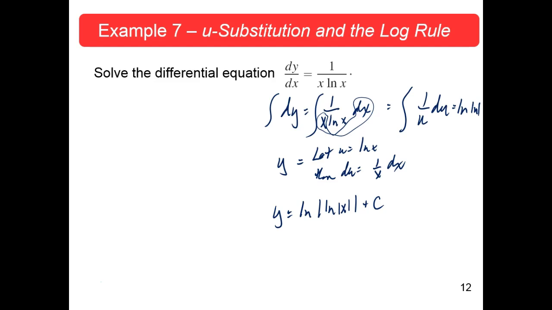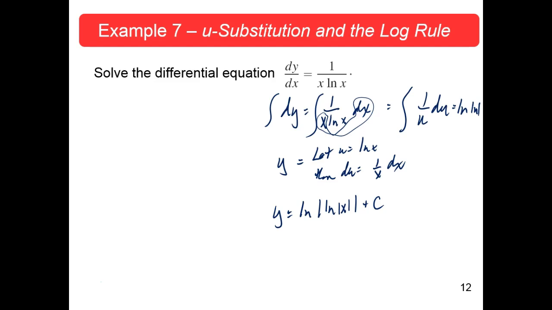Now that I look at it, though, I think probably it's legal to take off the absolute values there. And the reason is, in the original problem, they didn't put x in absolute value. So that means x must be able to be positive.